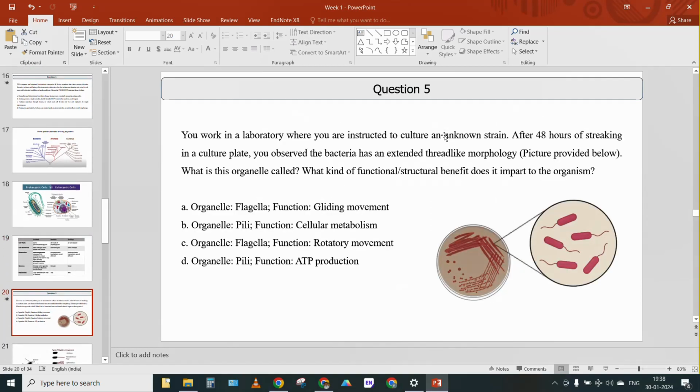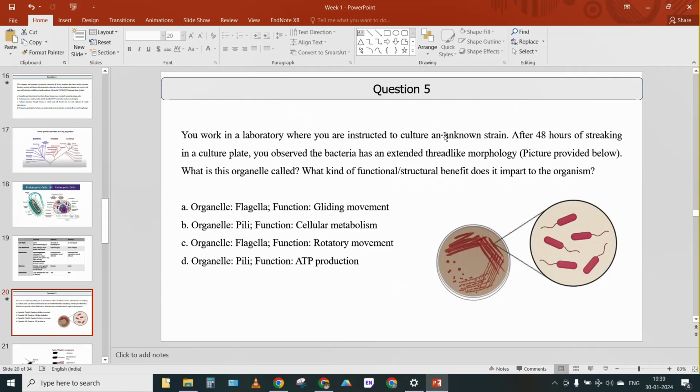Question 5: you work in a laboratory where you are instructed to culture an unknown strain. After 48 hours of streaking on a culture plate, you observe the bacteria has an extended thread-like morphology as shown in the picture below. What is the organelle called, and what kind of functional structural benefit does it impart to the organism?